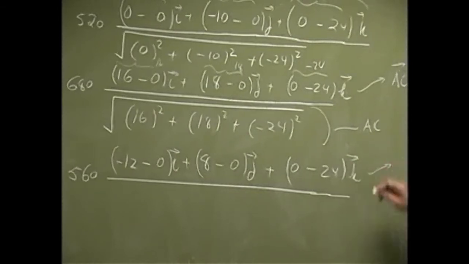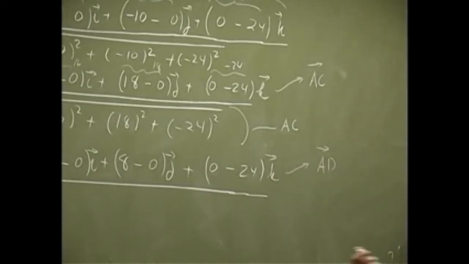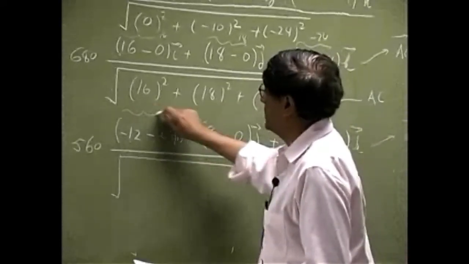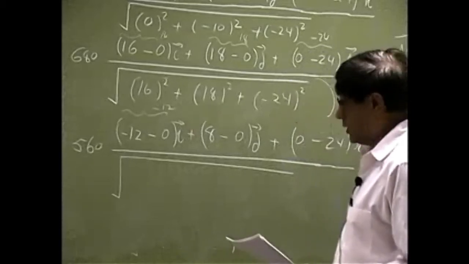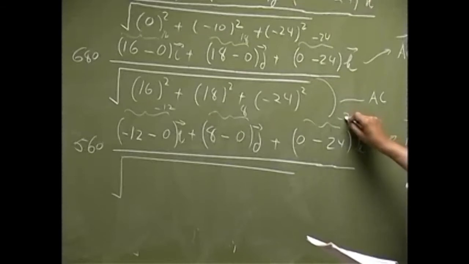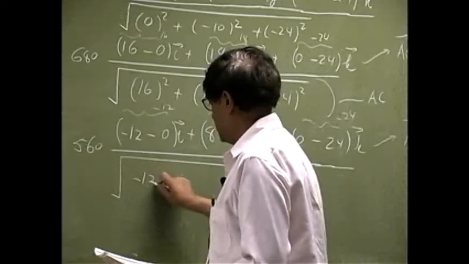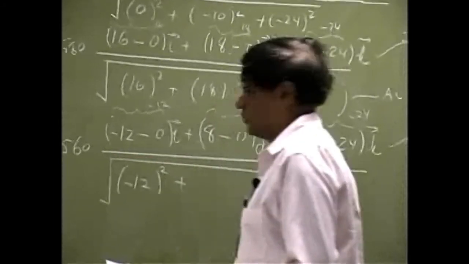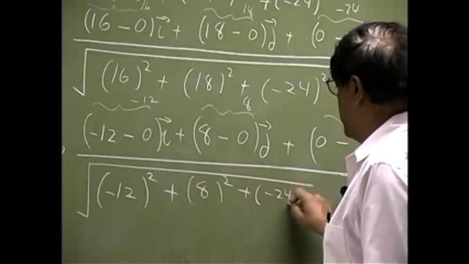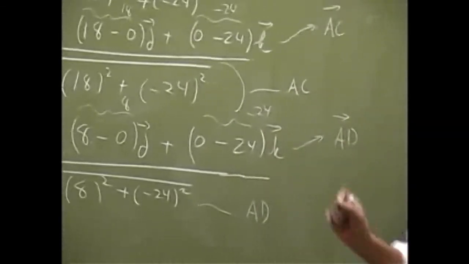So what you got now is the position vector AD. Then you need its length. You go square root. The component here is -12, the component here is 8, the component here is -24. So the length will be negative 12 squared, then 8 squared, negative 24 squared. And that's the length of vector AD.